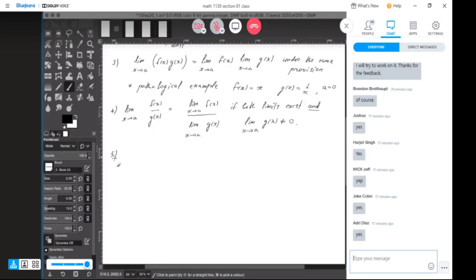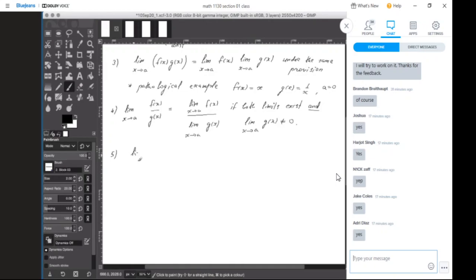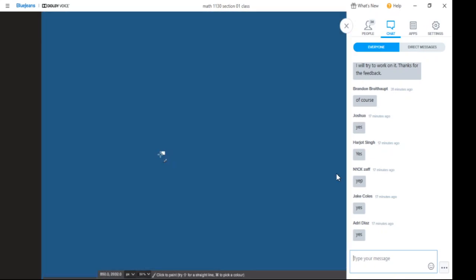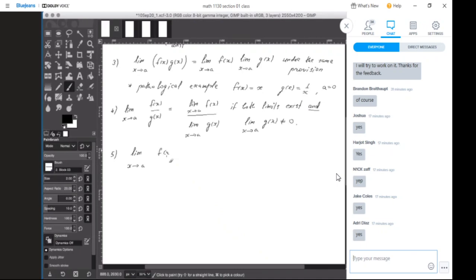Now we'll have a rule for the power. So the limit as x going to a of f of x to the power n will be the limit as x going to a of f of x, all to the power n.